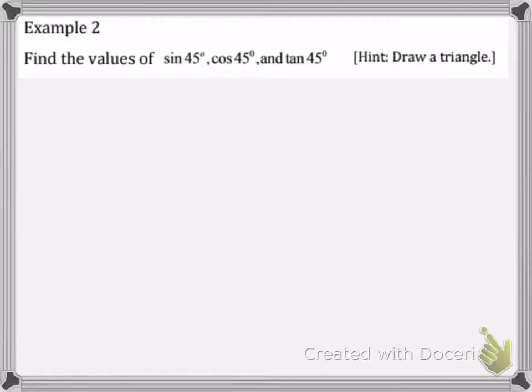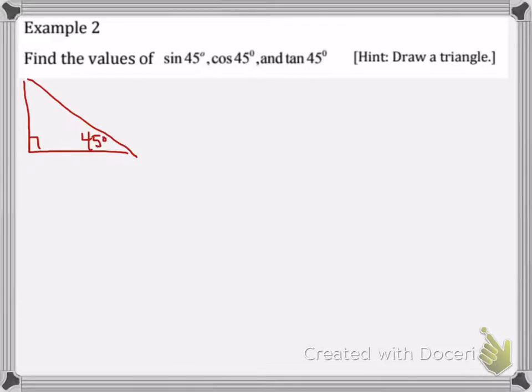Example 2, find the values of sine of 45, cosine of 45 degrees, and tangent of 45. Hint, draw a triangle. So what I first might draw is my right triangle and put in a 45 degrees.